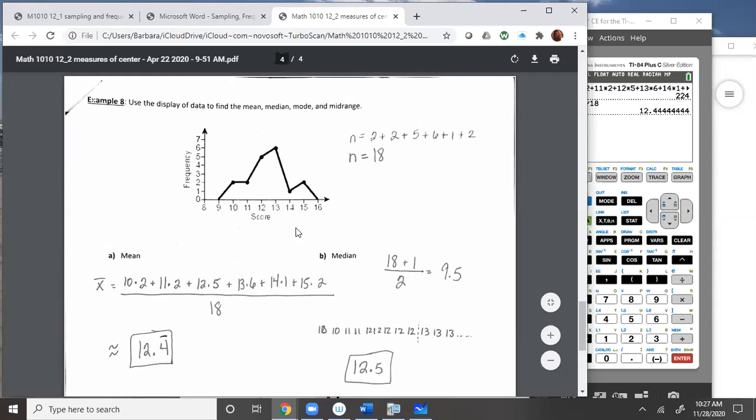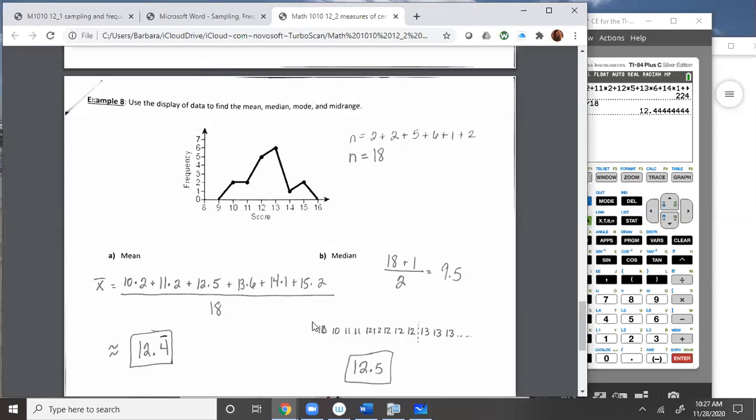The median, to find the median, we first find out which number is going to be in the middle of the data. Now notice we have an even number of data here. So to find the median, we're looking at n plus 1 over 2, which is the 9.5 position. So we're going to write down all my scores.